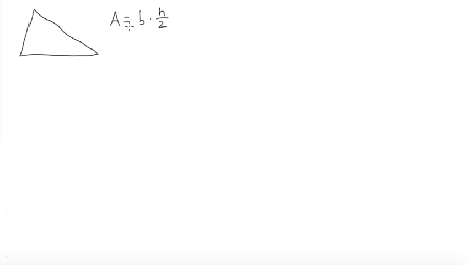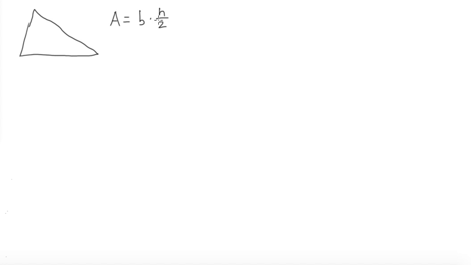All right, so what does this represent? Remember, a formula is a mathematical equation that uses symbols to express a relationship. So these are symbols. A is a symbol, B is a symbol, H is a symbol. Now, there are parts of an equation that don't change, and those are called the constant, and they are represented by a number.